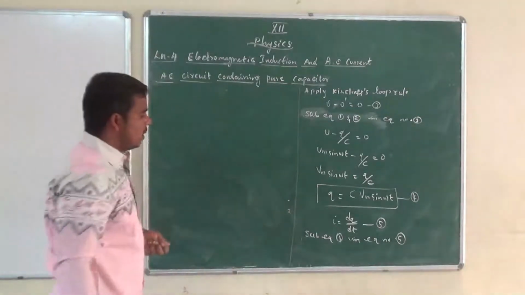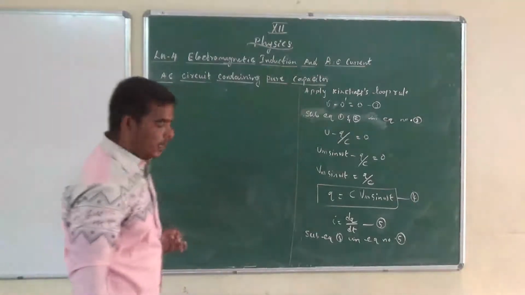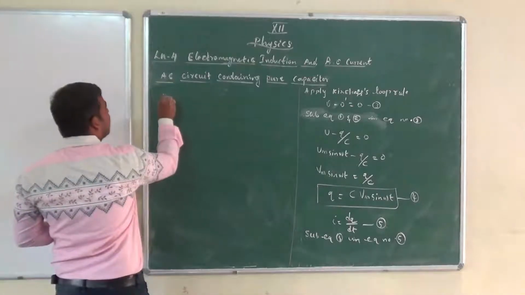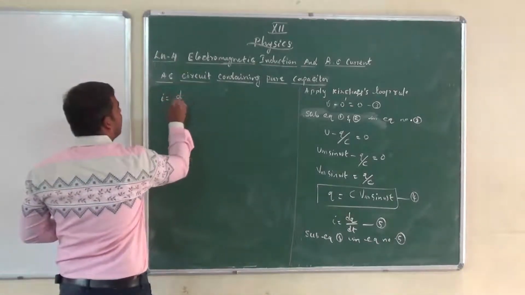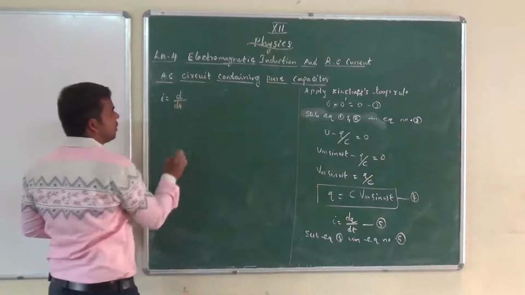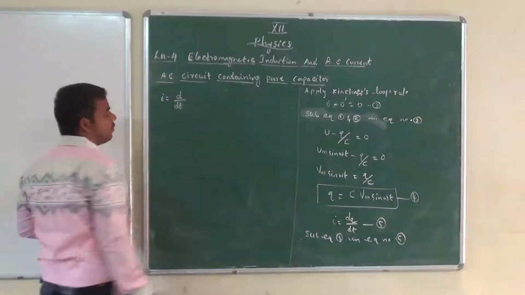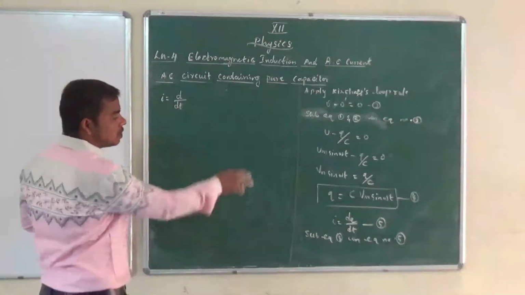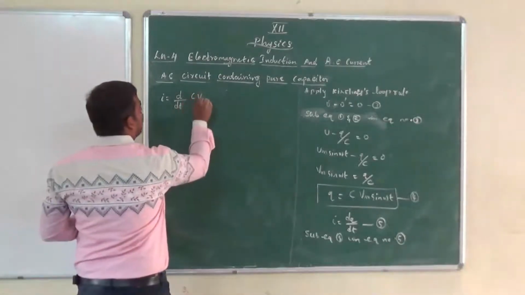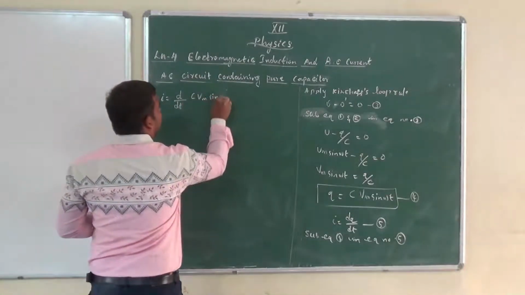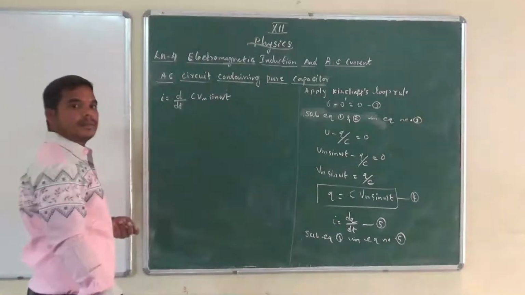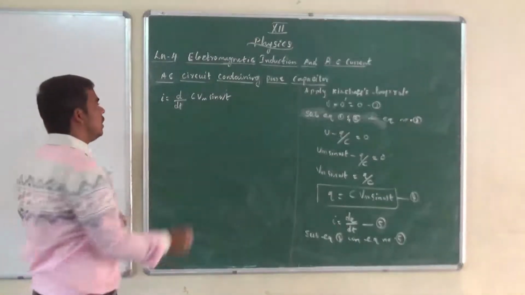Next, first we apply the value. I is equal to d by dt, that means differentiation with respect to time, of the charge, C Vm sin omega t.